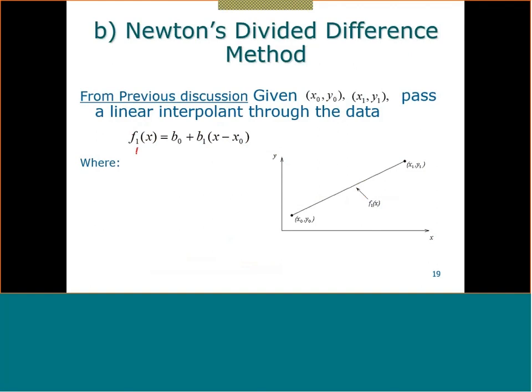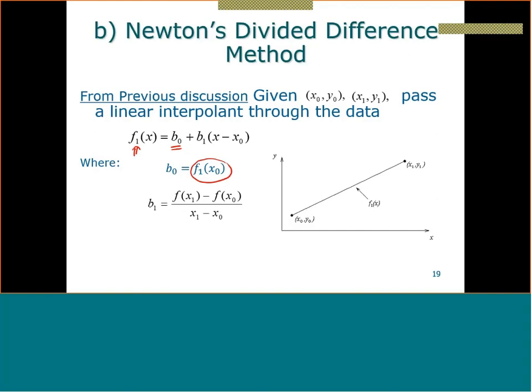This one here refers to the degree of the polynomial. So this is the first degree. You will see later on 2, 3 means second degree, third degree, etc. So it is in that format where b0, this constant, is nothing but f of x0, and b1 is f of x1 minus f of x0 divided by x1 minus x0, which is somehow the slope of the line.